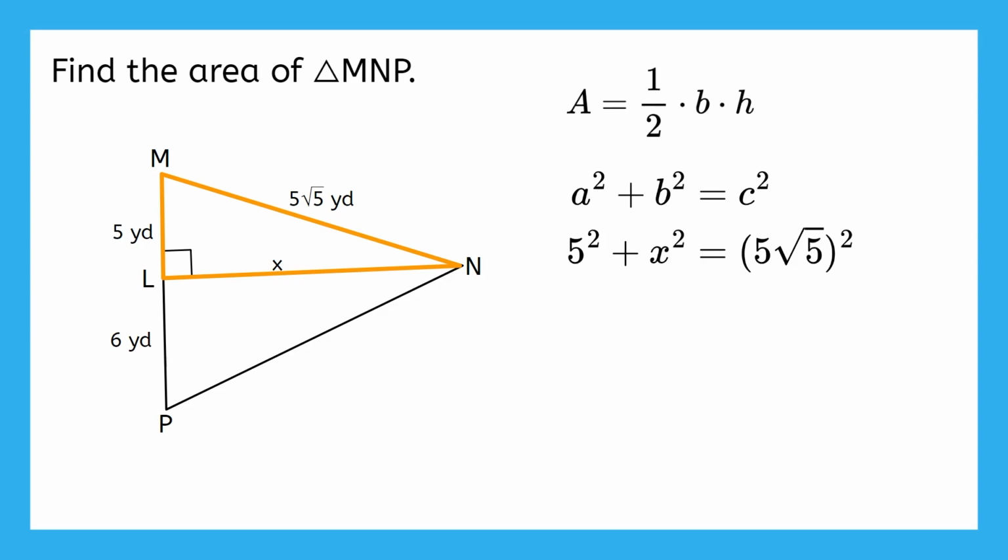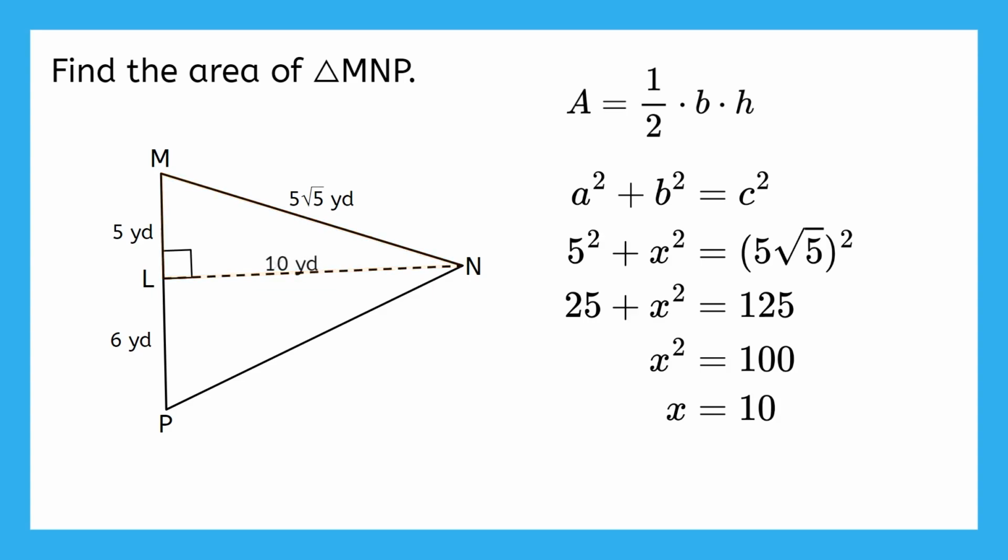If you got stuck before here, pause the video again and try to solve it now that you have an equation. To solve, I'm going to simplify, isolate x squared, and take the square root of both sides. Now I can see that the length of LN is 10 yards.